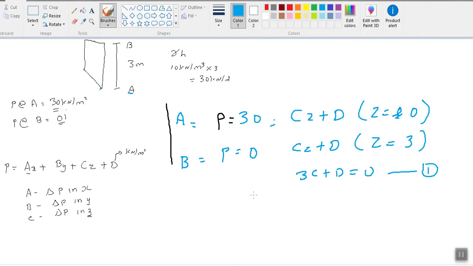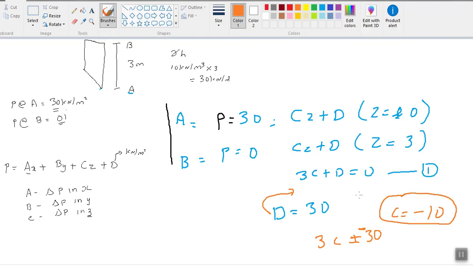In equation 2, pressure is 30 where Z is 0, so D equals 30. Substituting D equal to 30 in the first equation, we get 3C plus 30 equals 0, so 3C equals negative 30, where C is negative 10. So this is the first value we got, and D is 30. D is 30 and C is negative 10.